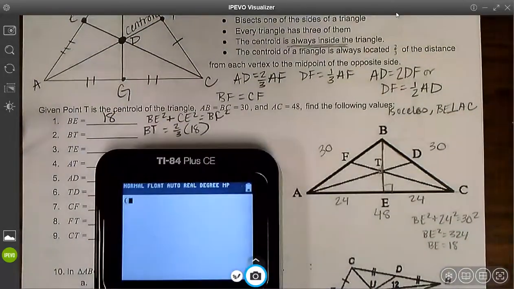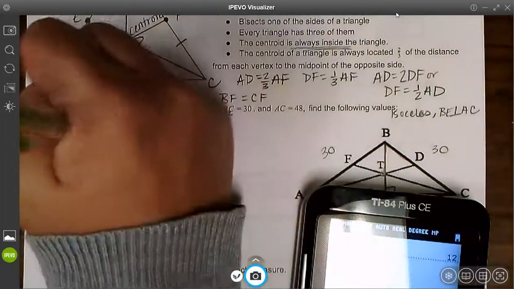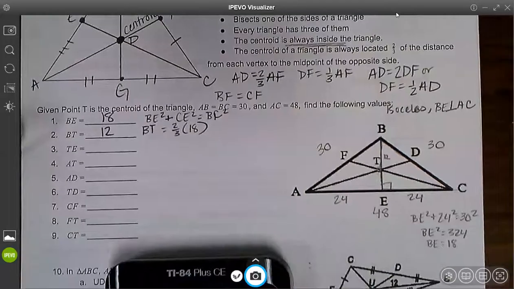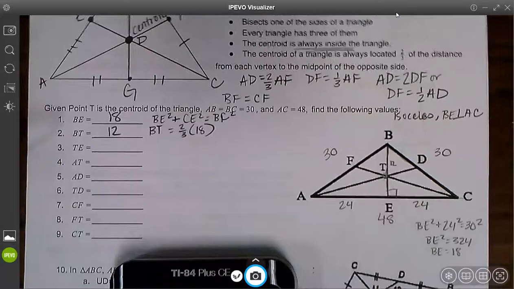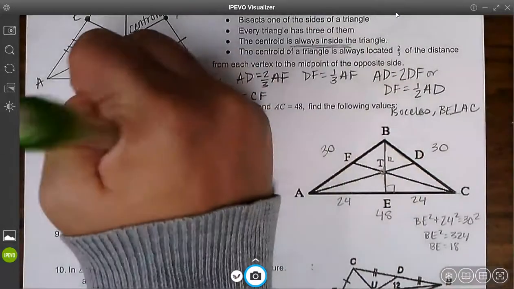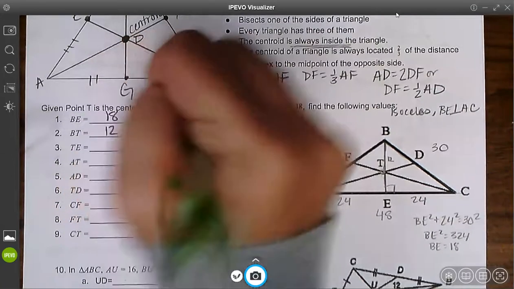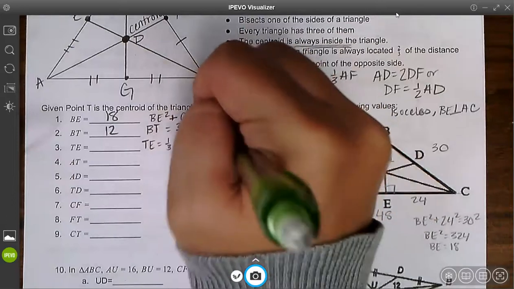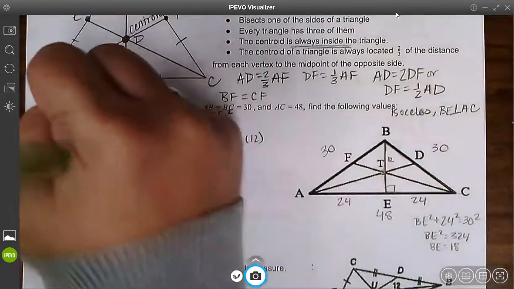You can type that straight into your calculator, 2/3 times 18, and you get 12. TE is the smaller portion, so you could set this equation up a couple different ways. TE is 1/3 of BE, 1/3 of 18, or you can say it's half of BT, which is 12. Either way, you get 6.